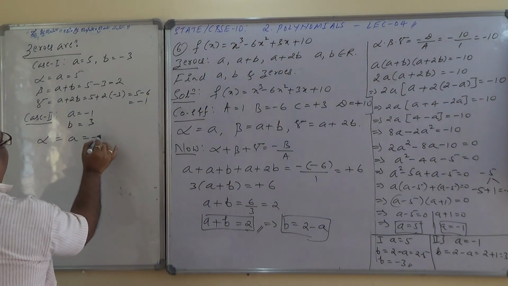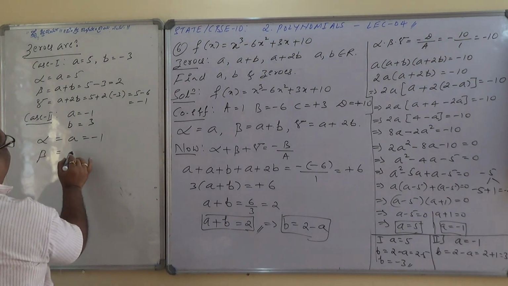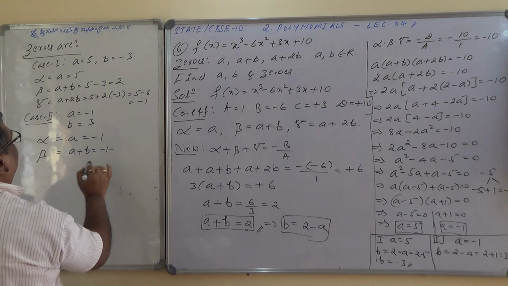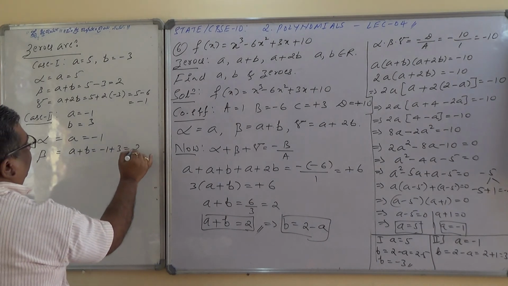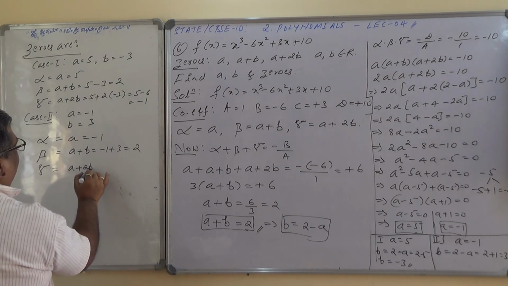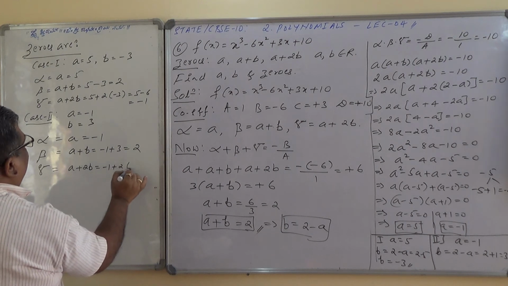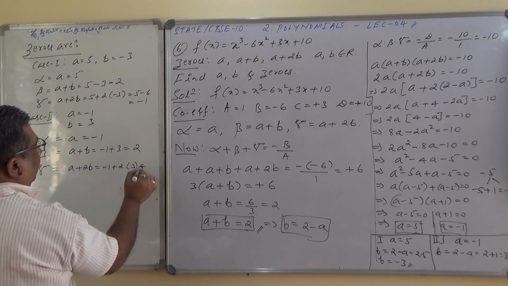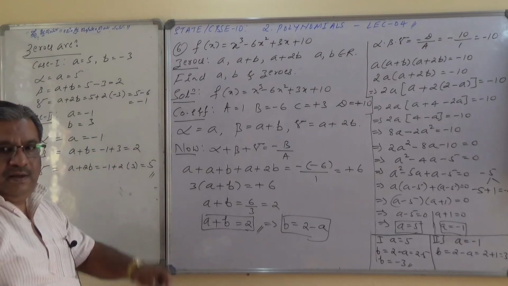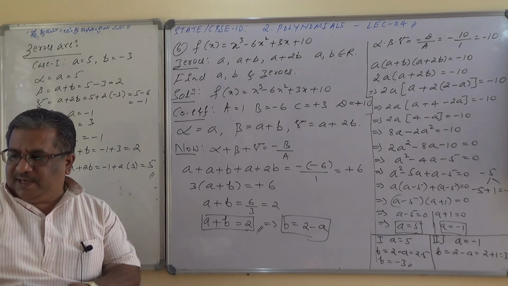Alpha equals a equals minus 1, beta equals a plus b equals minus 1 plus 3, which is 2, and gamma equals a plus 2b equals minus 1 plus 2 times 3, which is 5. Minus 1, 2 and 5. It is correct.